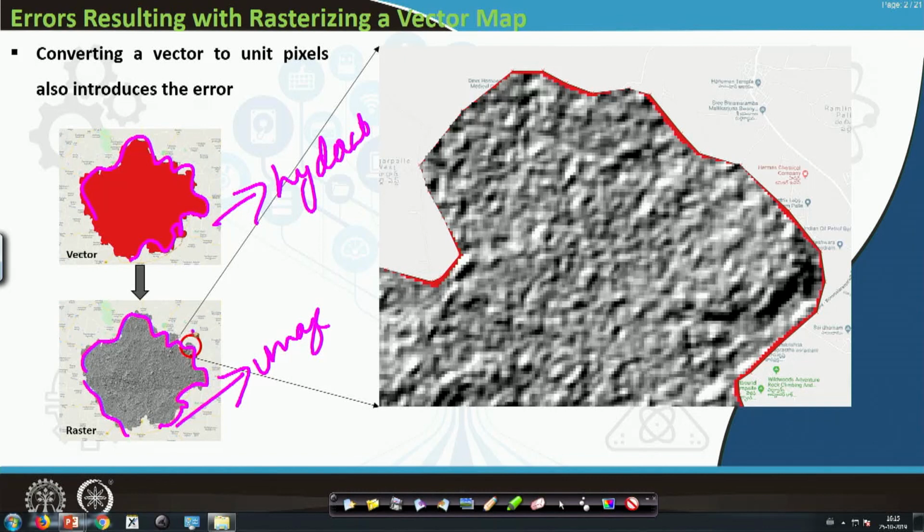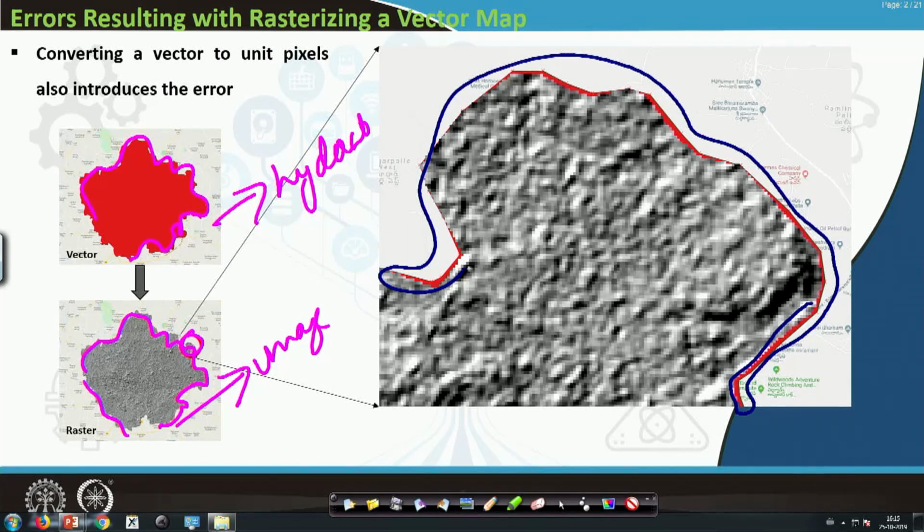Now when you look at this particular region, for example, this is what I have marked in here. If you see these regions, these are those where the data is either missing or approximated, which means this many unit pixels are missing in that data.